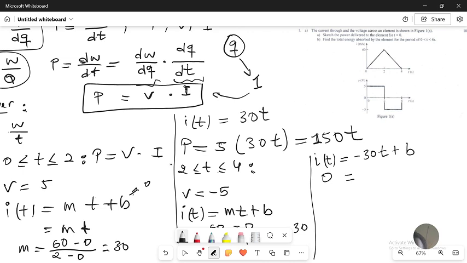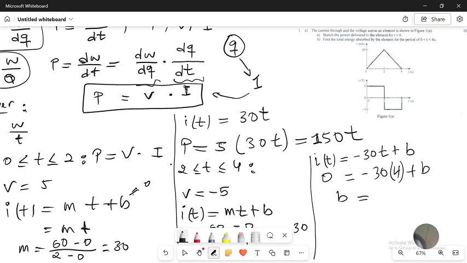So 0 equals minus 30 multiplied by t, and the value of t is 4, plus b. Minus 30 times 4 is minus 120, so minus 120 plus b equals 0.